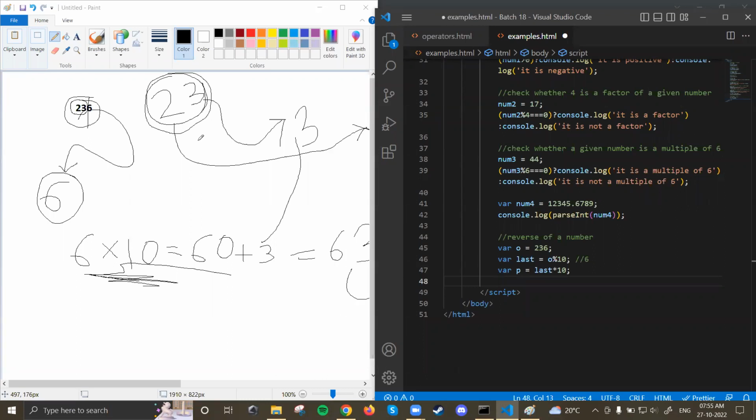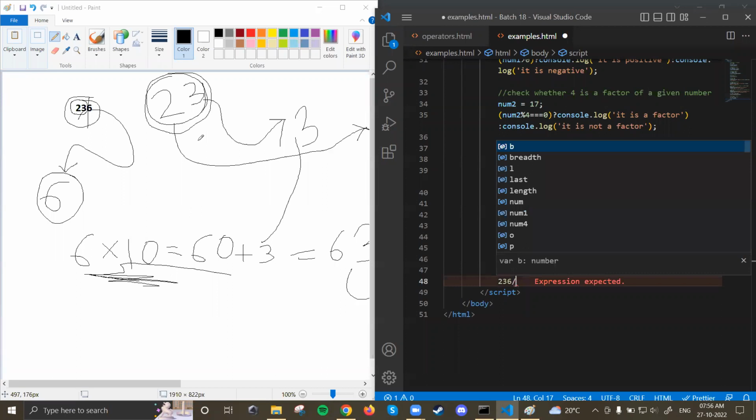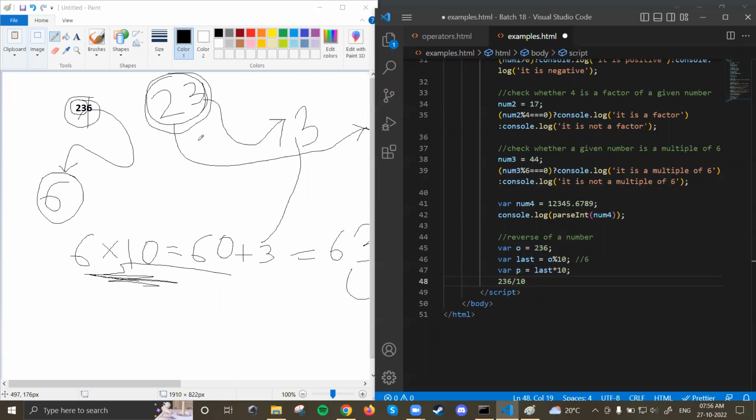It's 23.6, isn't it? In the 23.6, if I apply parseInt, it will ignore the 0.6 part and give us 23, isn't it? This 23 we can get like that.